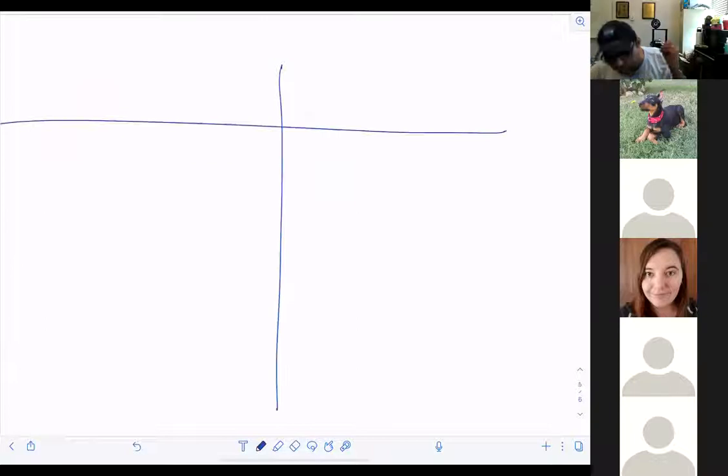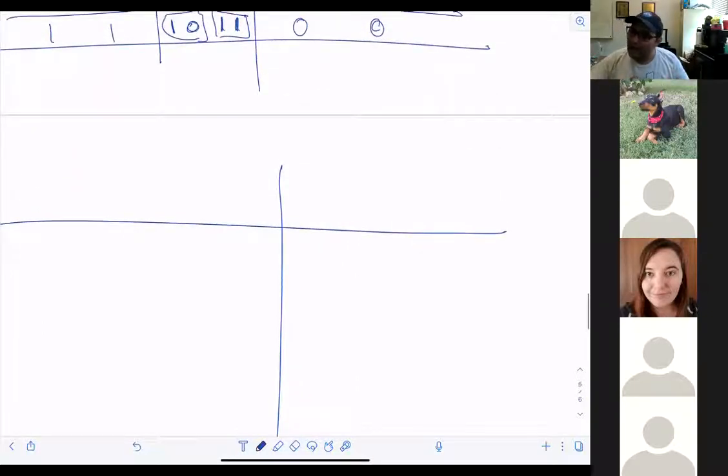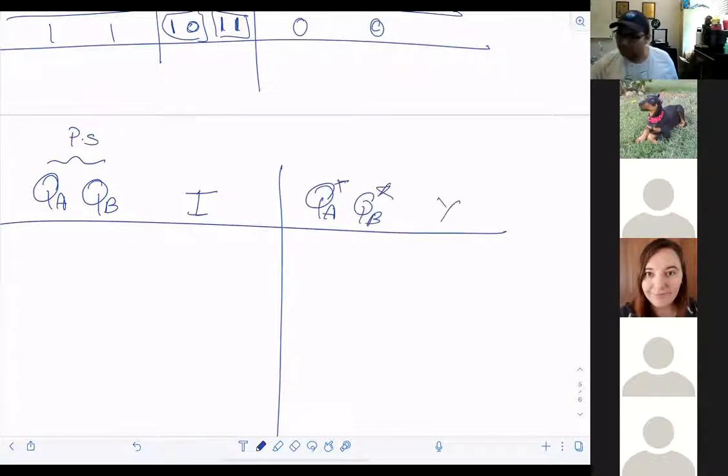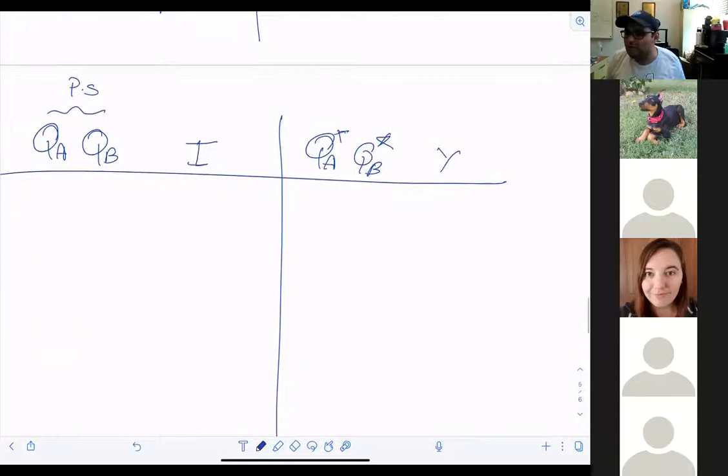Boom, boom, right? I have the present states, and I have my input, and I have my next state and my output. Then you know how many inputs, how many states this table will cover? 8, because I have 3 here.